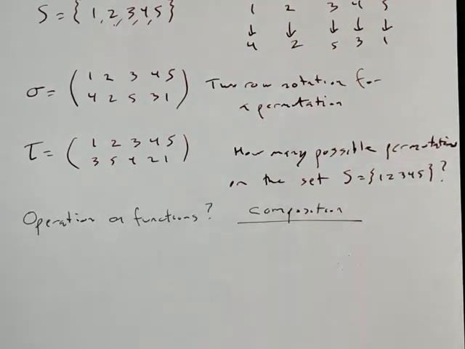And as a matter of fact, one of the things we wrote down but didn't prove was that composition is associative. That was a theorem we wrote down earlier last week. So I know that works, it's closed, it's associative. I'll have to figure out the rest of it in a bit.